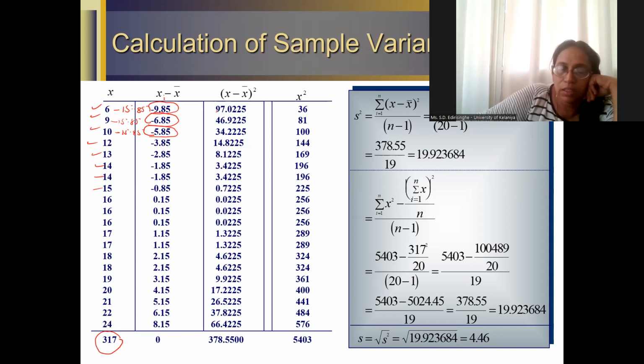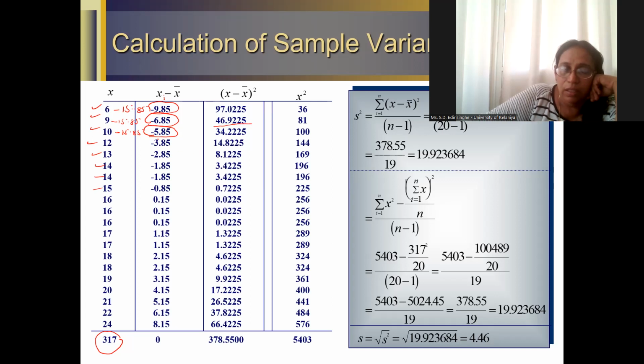In the next column, you have to find xi minus x bar squared. So minus 9.85 squared. The squared value here is 97.0225. Again minus 6.85, the squared value here is 46.9225.